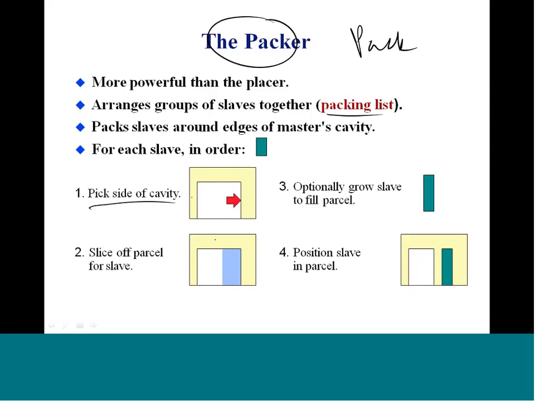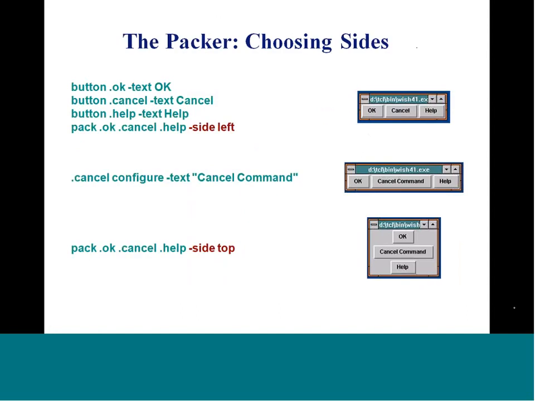The way to place is: you pick the side of the cavity, slice off a parcel for the slave, and then optionally grow the slave to fill the parcel. And then finally you position the slave in the parcel, deciding where to put the slave inside the parcel.